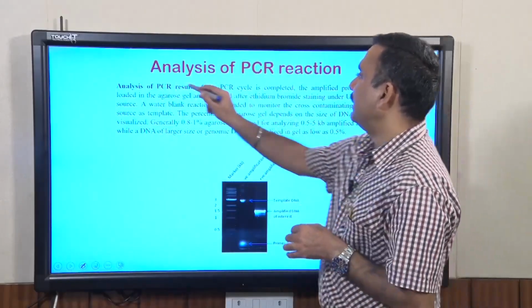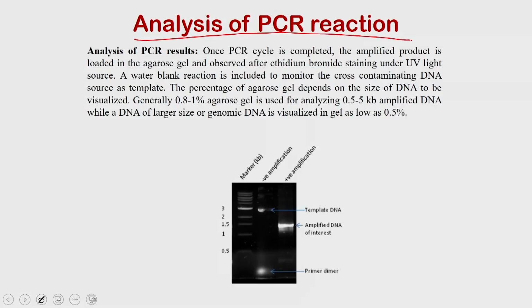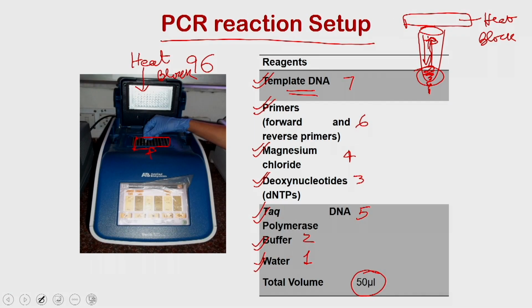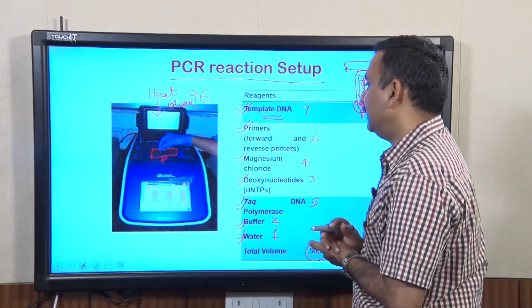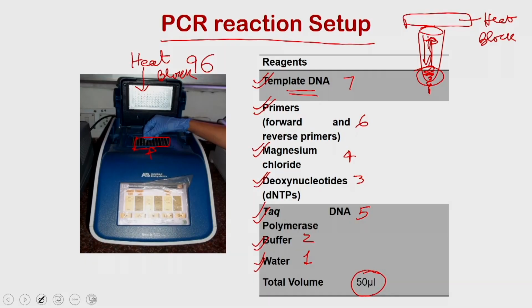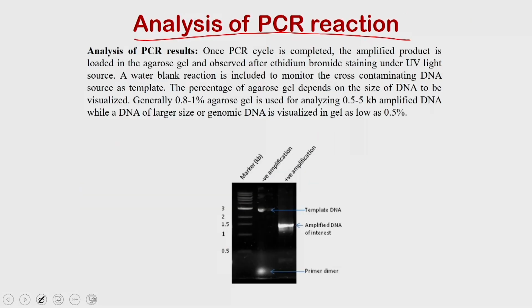You have to do analysis of this particular PCR reaction. Once the PCR cycle is complete, you have to take out the reactions from the heating block, and then run it on the agarose gel, and then visualize that under the UV light.